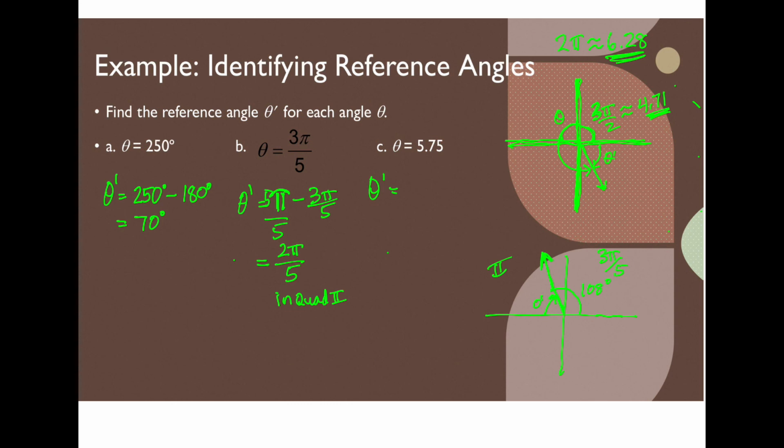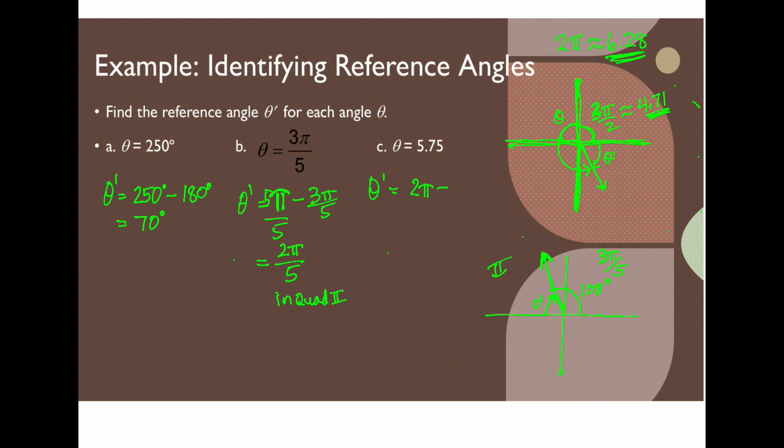So theta prime has to be between 0 degrees and 90 degrees, or 0 and pi over 2. So theta prime is going to be 2 pi minus whatever we have there.